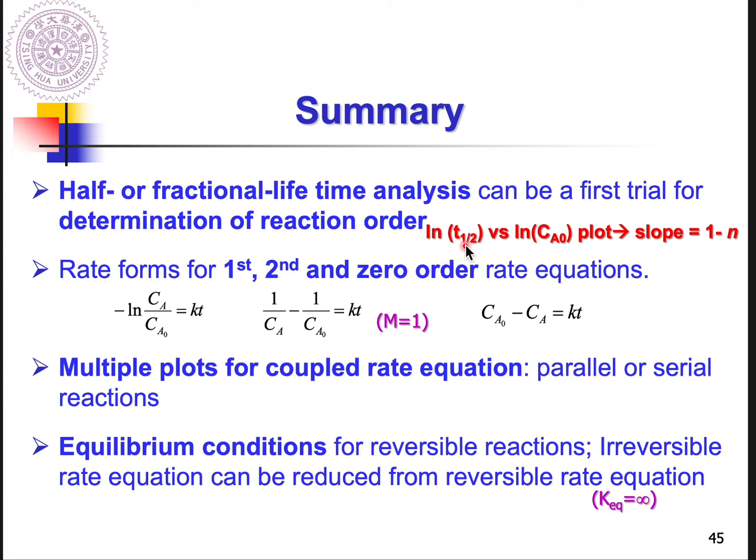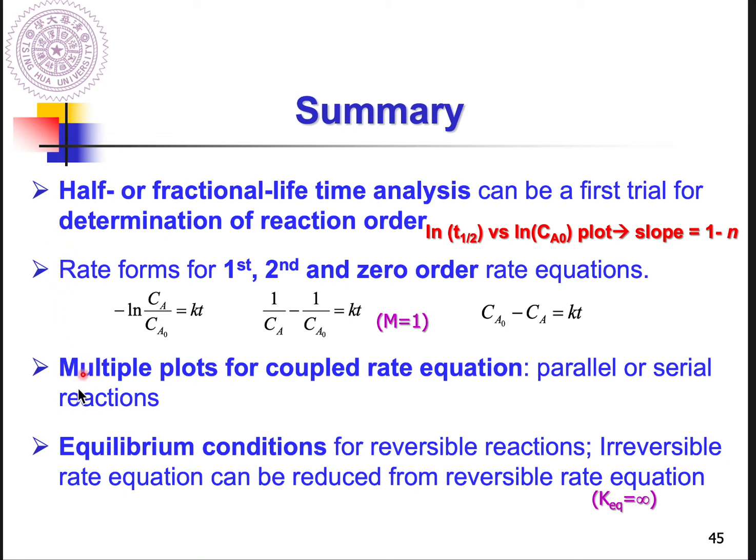You just need to know the half-life time at different initial concentrations. Then you can plot log t versus log CA0. Then the slope will be 1 minus n, so you can get n. This analysis method can deal with the reaction order whether it is an integer or not.